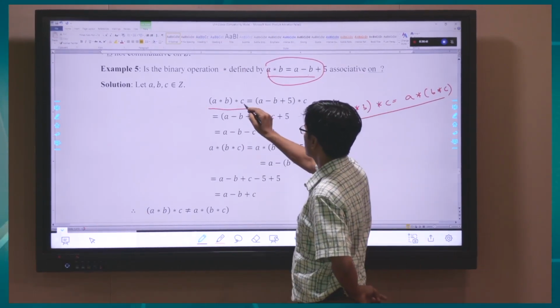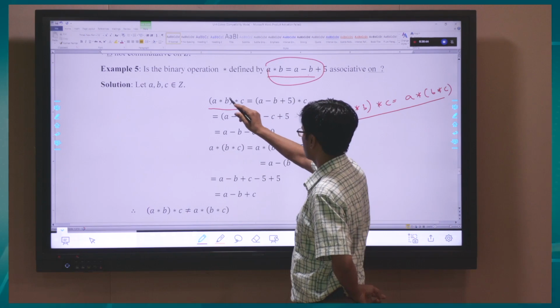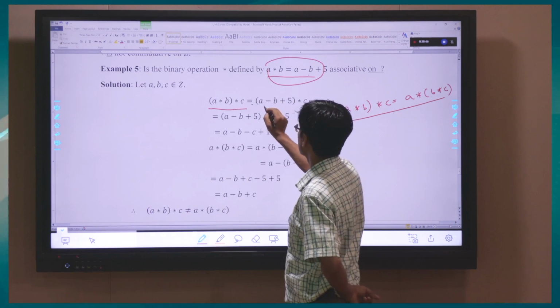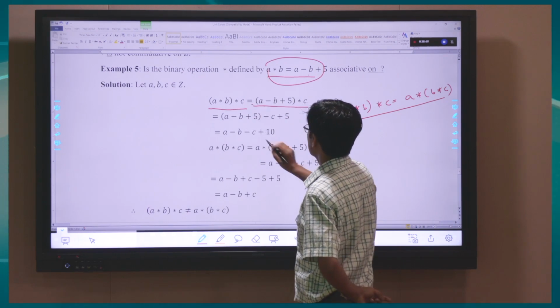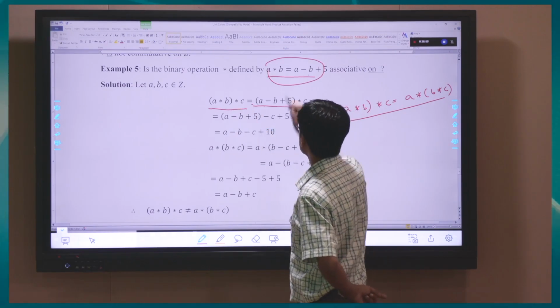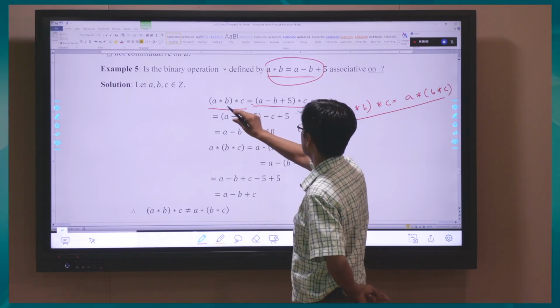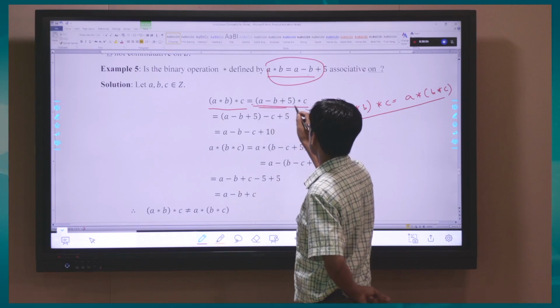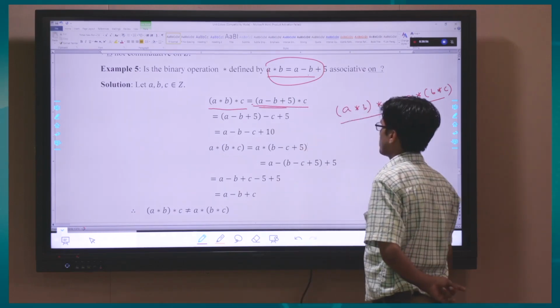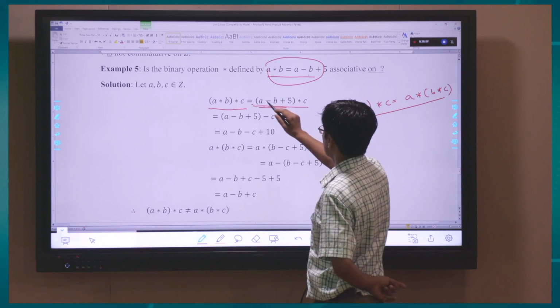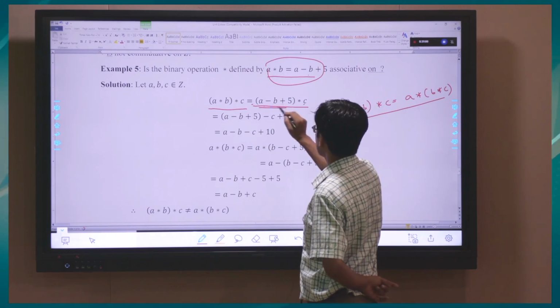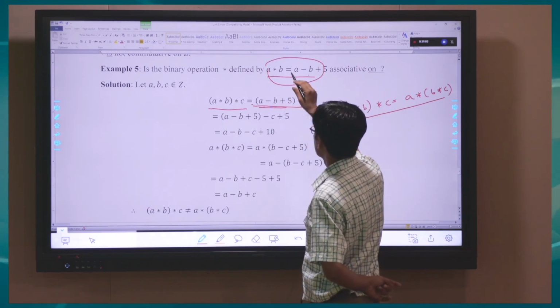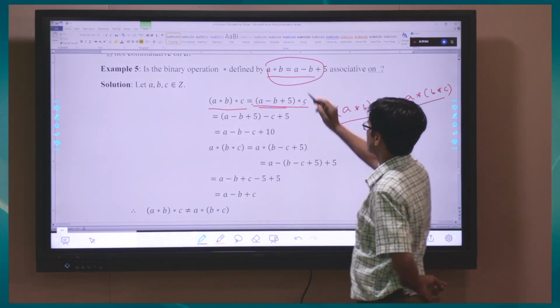Bracket A star B, bracket star C, is equal to this. Here A star B is defined by A minus B plus 5, so in place of this we put this result. Then star C. Again for these two elements, we apply the same result.